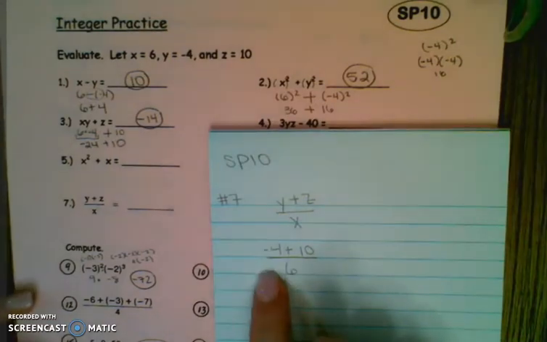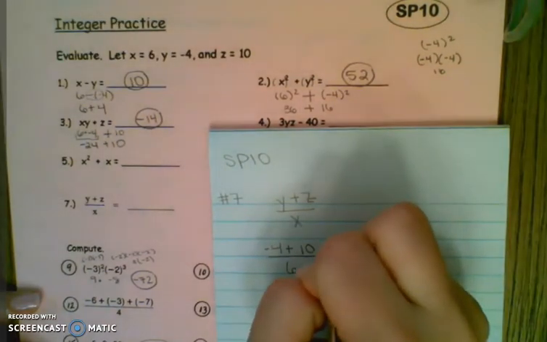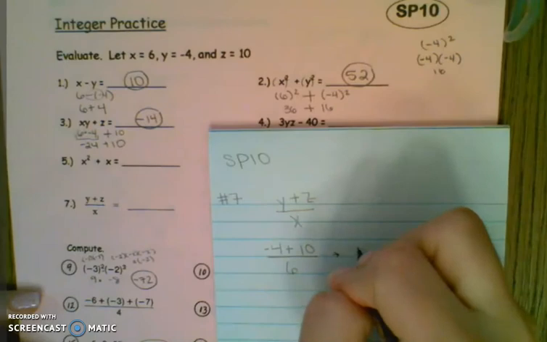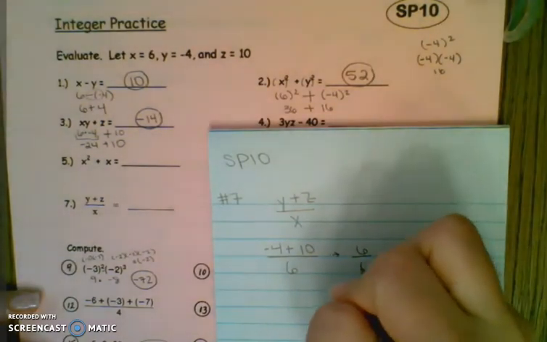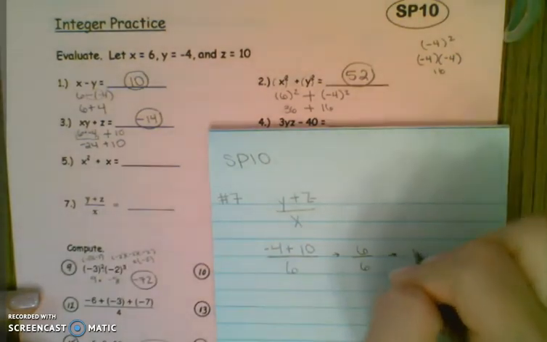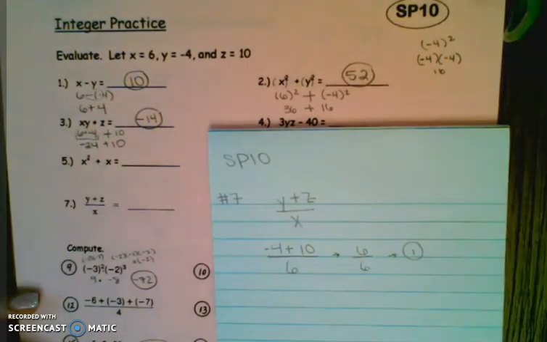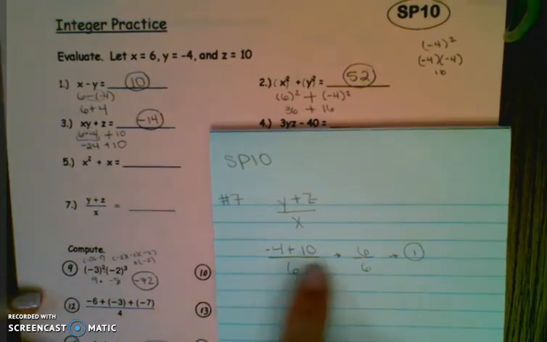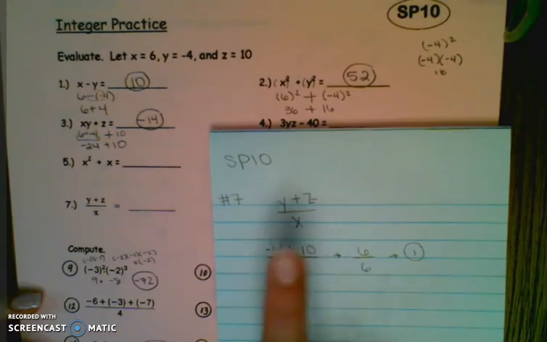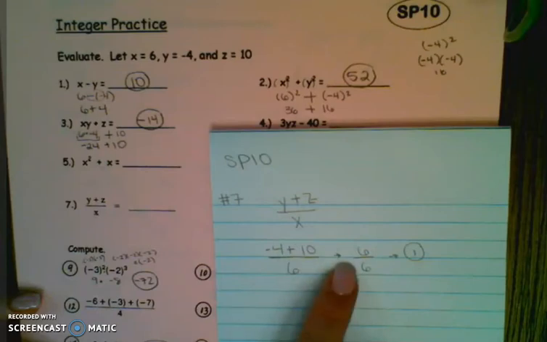So -4 plus 10, that is going to equal a positive 6 over, bring over my 6, which is then going to equal 1. And my final answer for number 7 should have been 1. Remember when you're doing stuff like this, you think about it as the bigger minus the smaller. So 10 minus 4 is 6.